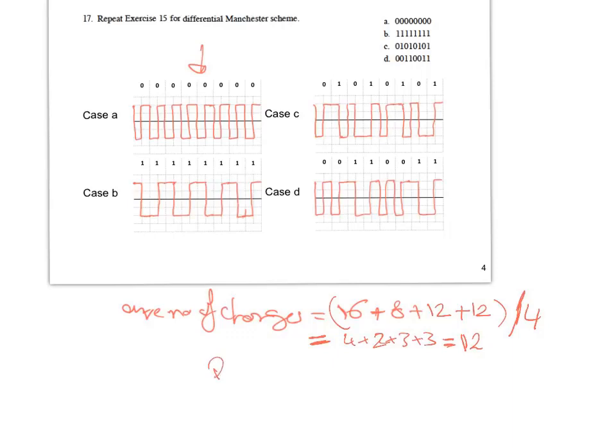which means that the bandwidth is 12 over 8 bits times n. So for 8 bits, these are the number of changes, and remember here that the original bandwidth was 4 over 3 n.